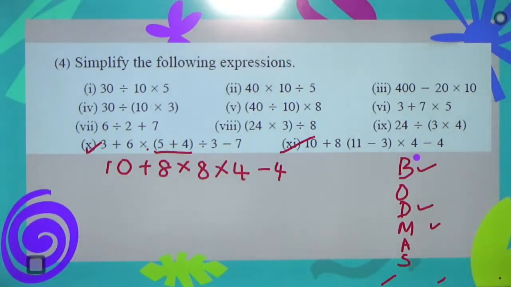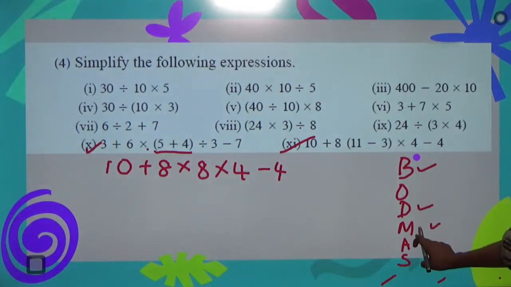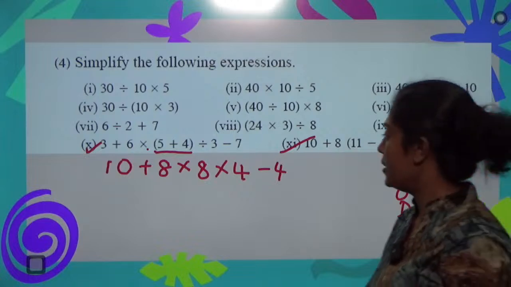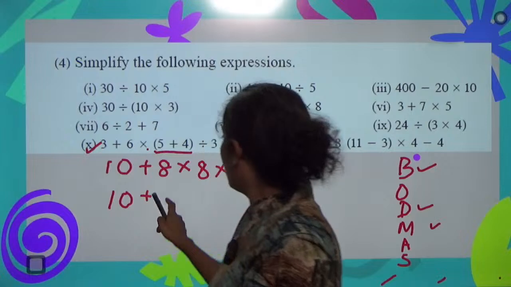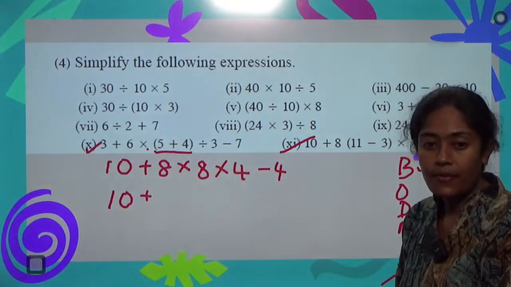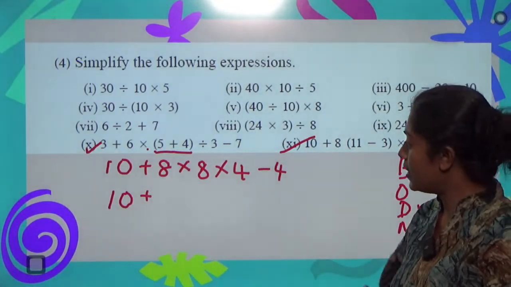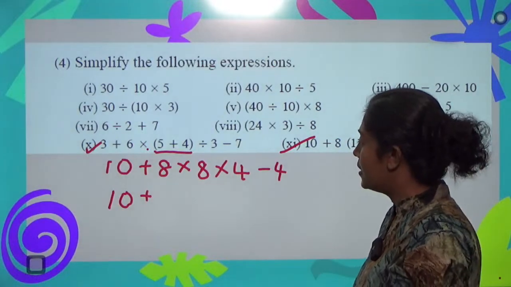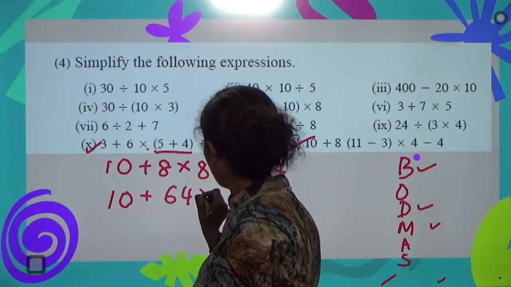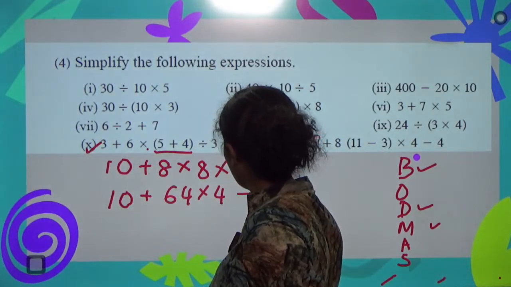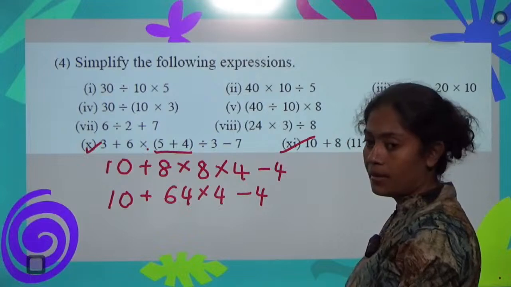10 plus 8 multiplication 8 multiplication 4 minus 4. Now what you have to simplify? According to this you have to simplify multiplication. All together you can simplify multiplications. Then 8 into 8 how much? 64, again by 4, then minus 4, right?